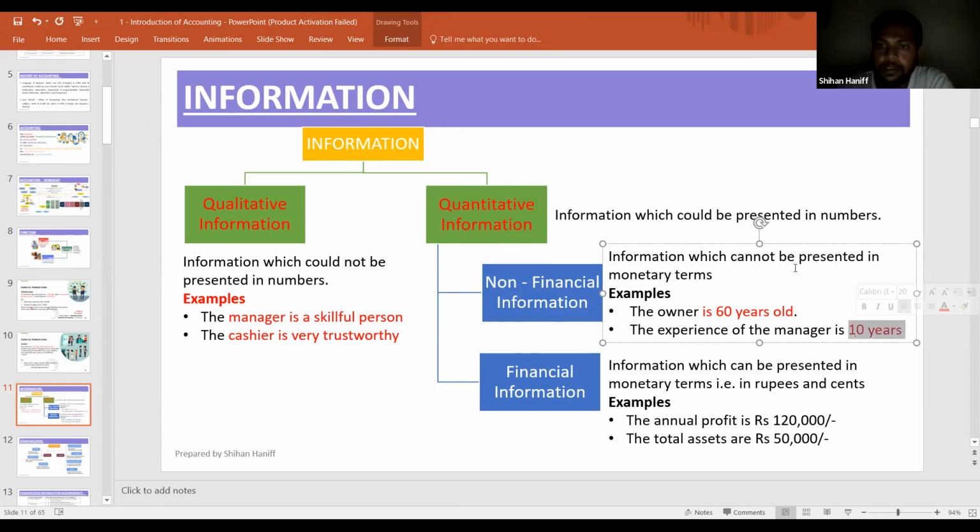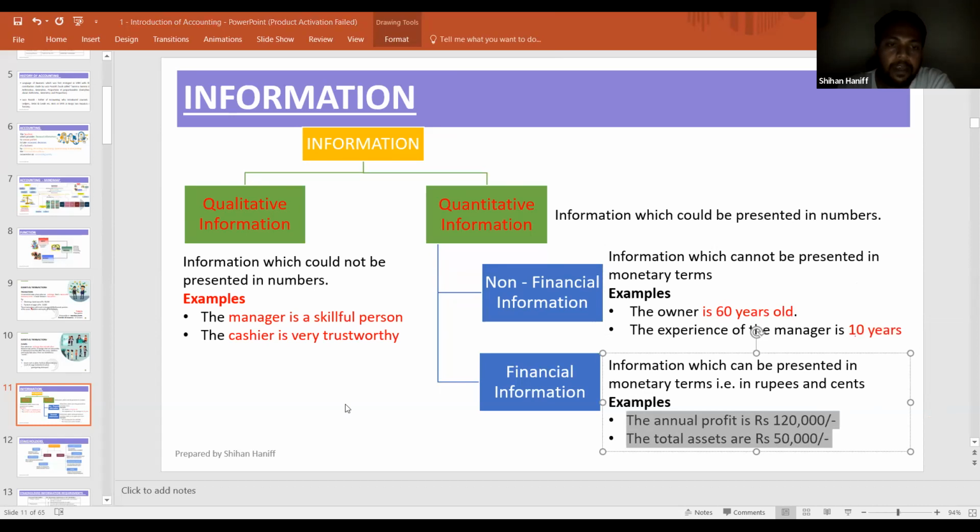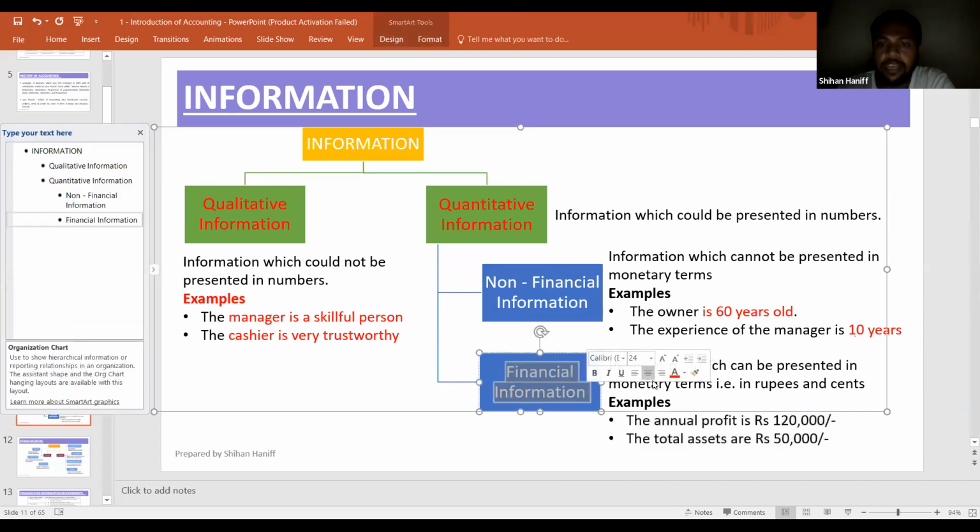Then we take only the financial information: the annual profit, total assets, sales. That is why we say accounting is a function which provides only financial information.